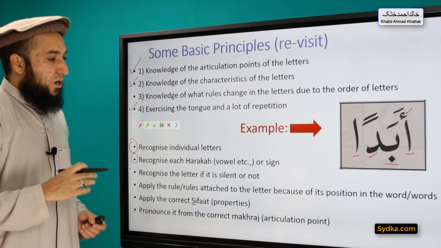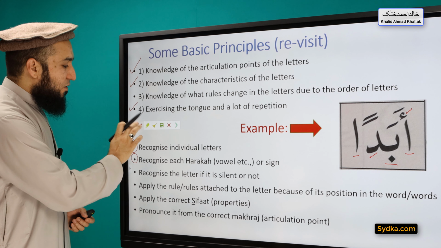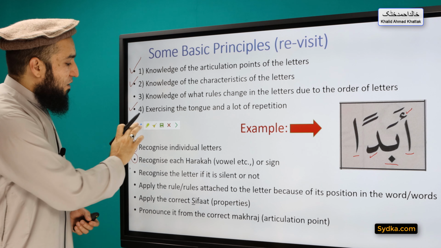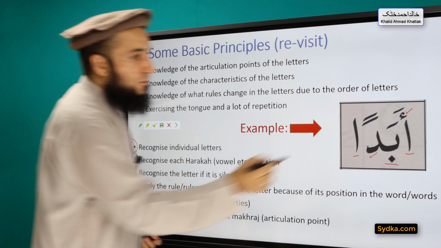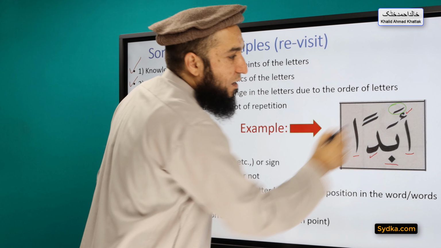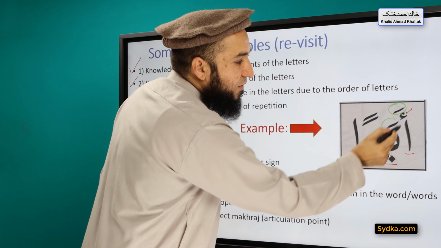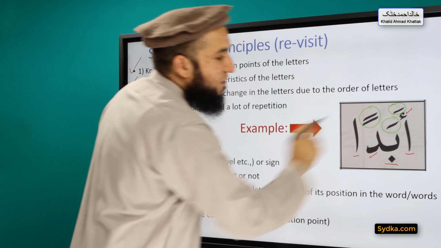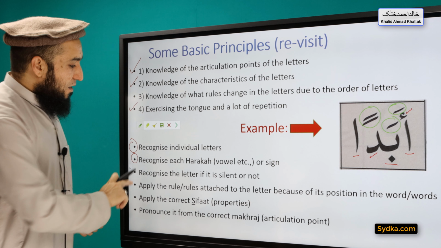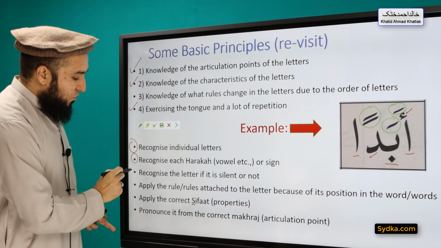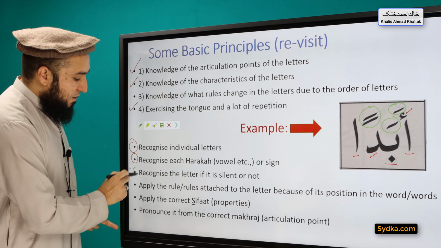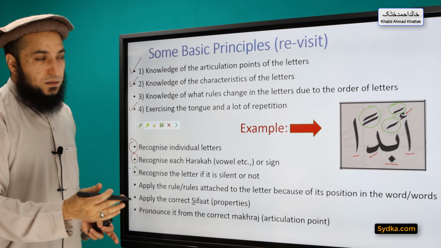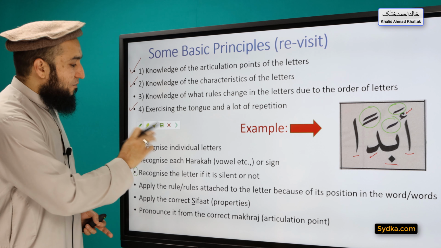In step 2, we recognize the harakat that are used. The harakat, or the signs, would be here. That's fatha, fatha, fathatain. And the next one is we have to recognize which letters are silent and which aren't.